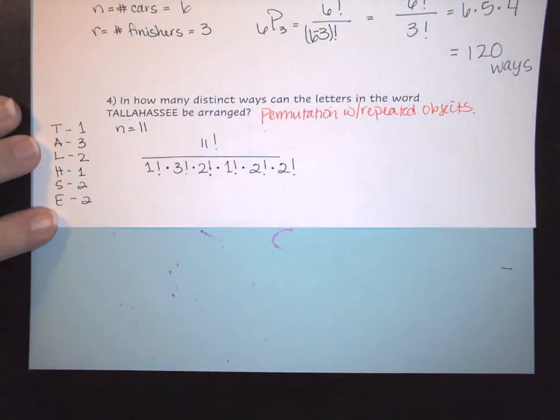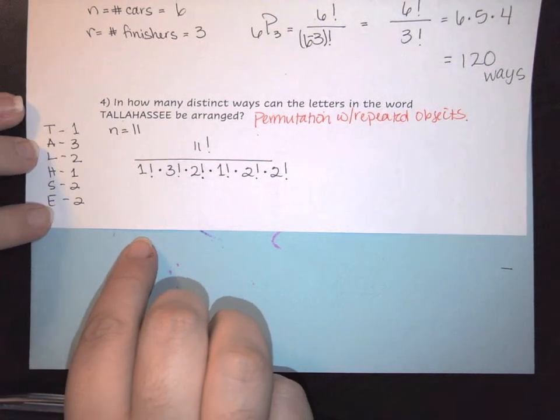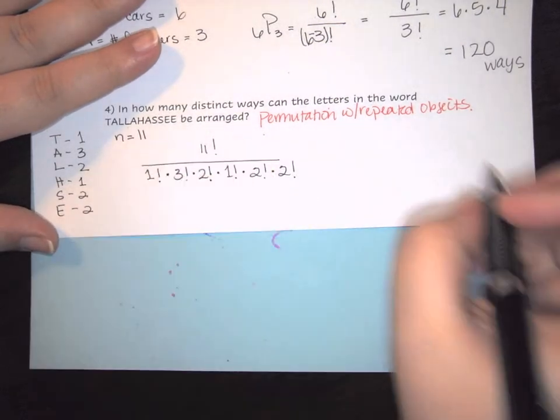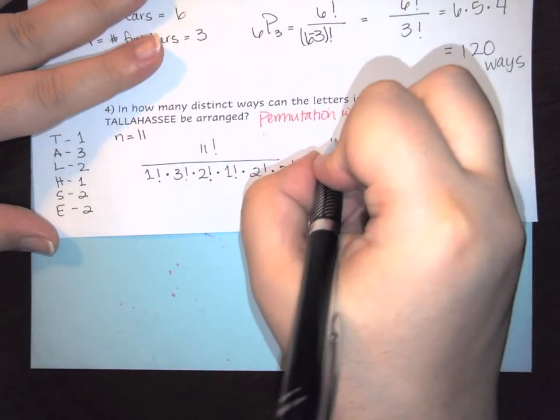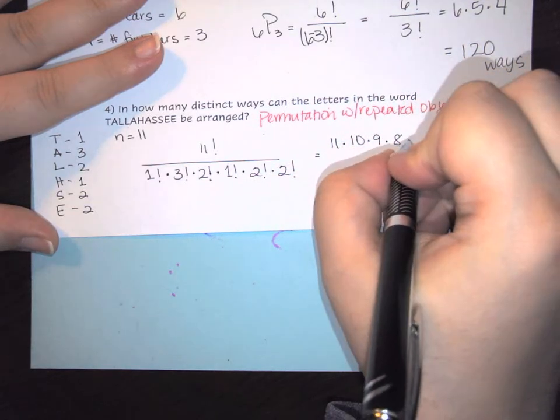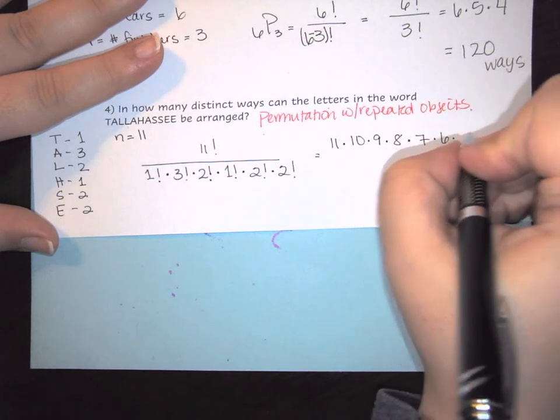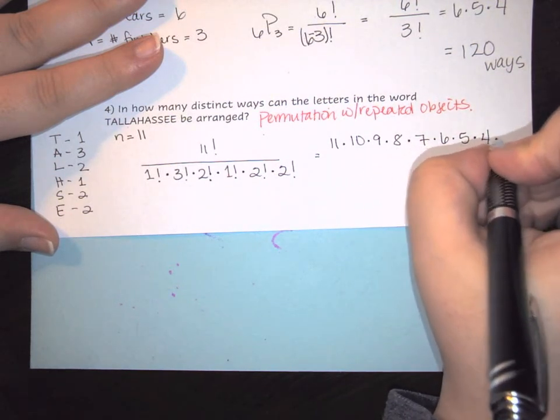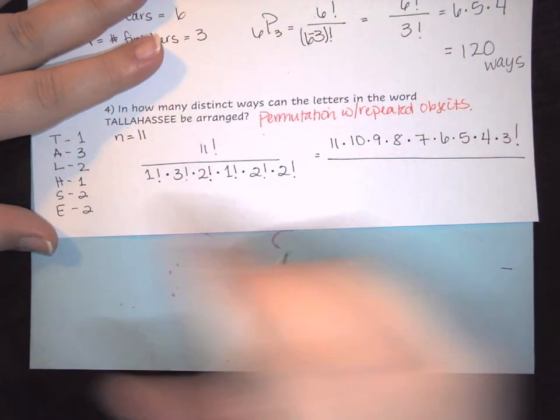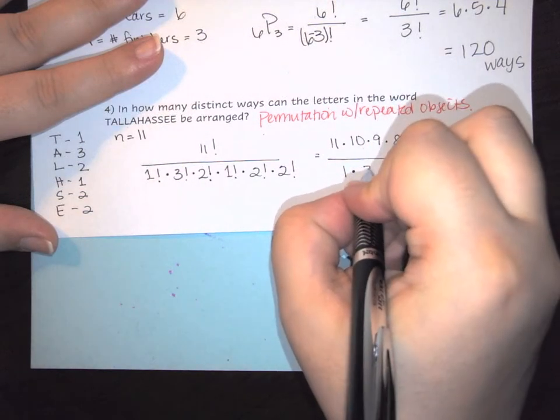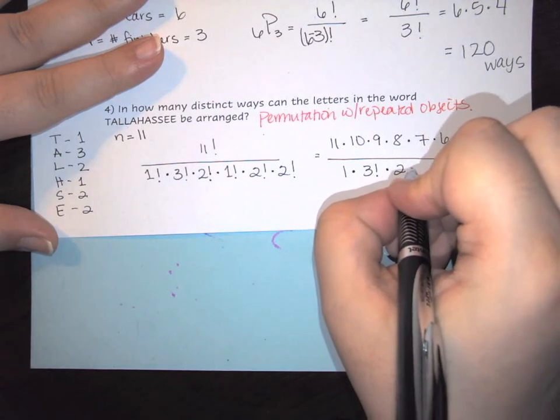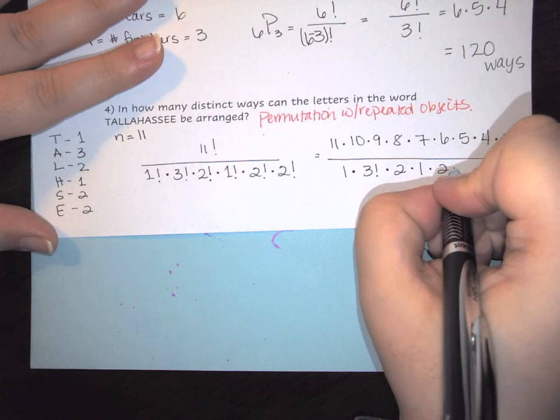Okay. So now the easiest thing to do is to cancel out the largest denominator. So here we would be looking at 11 times 10 times 9 times 8 times 7 times 6 times 5 times 4 times 3 factorial, and this is going to be all over 1 times 3 factorial times 2 times 1 times 2 times 2.